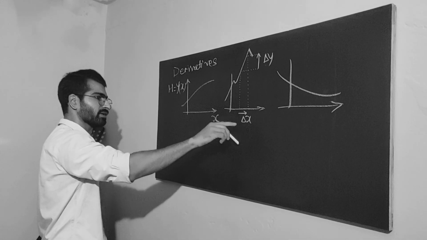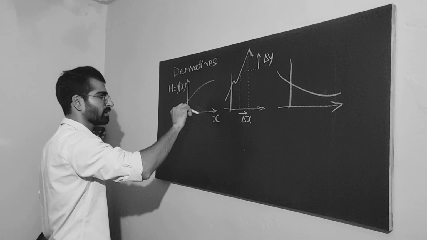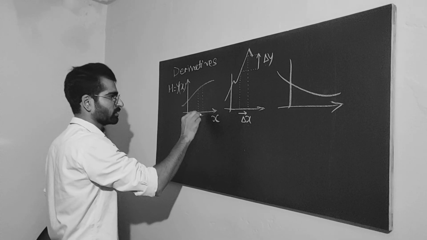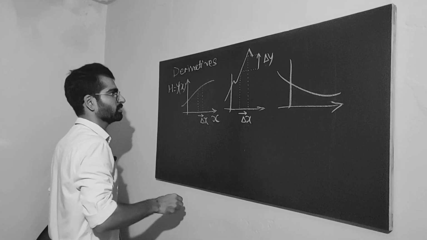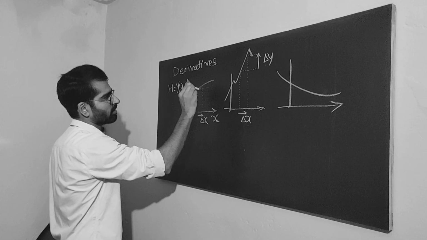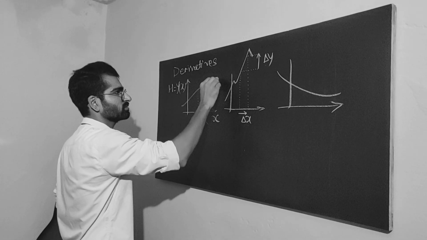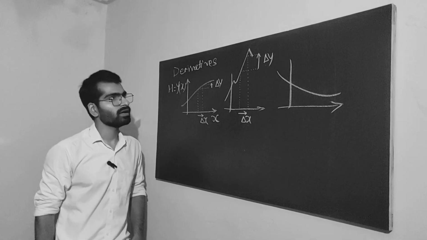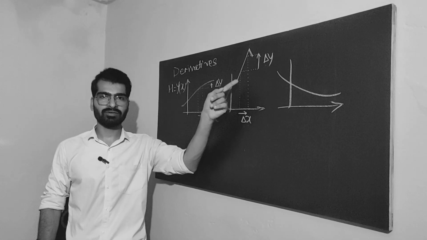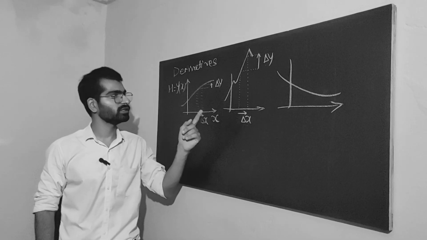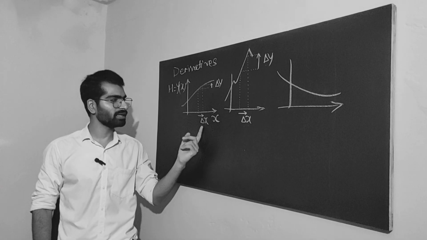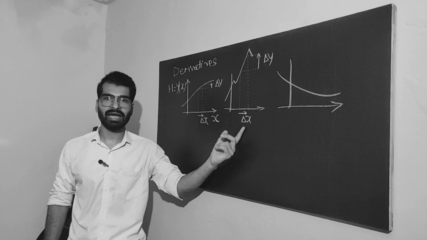And if you had made the same side step on this mountain, you will see you didn't climb up much. Maybe you climbed this much, delta y. And it's very clear, delta y on the Everest is larger than what you can have here for the same side step, for the same delta x.